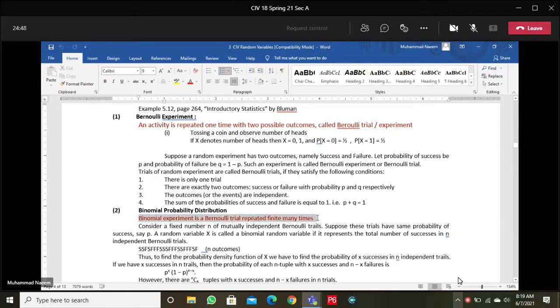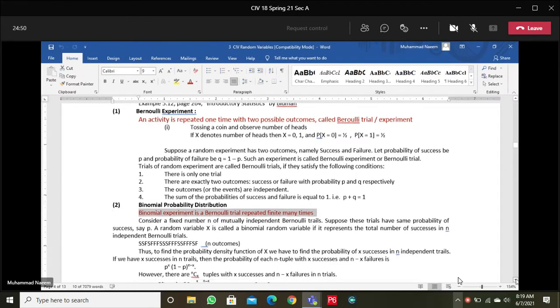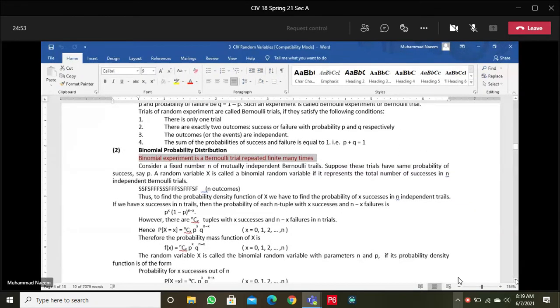In binomial, an activity is repeated finitely many times, let's say n times, and every time we have either a success or a failure. So in these n outcomes, the probability of x is the probability mass function for binomial.